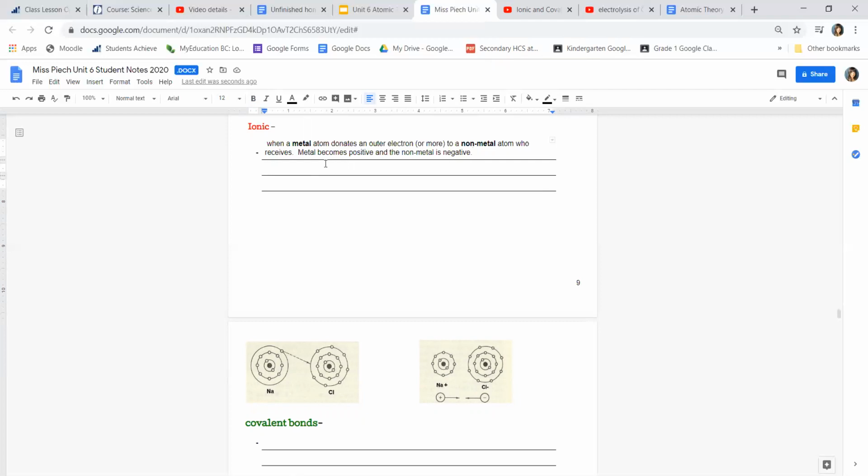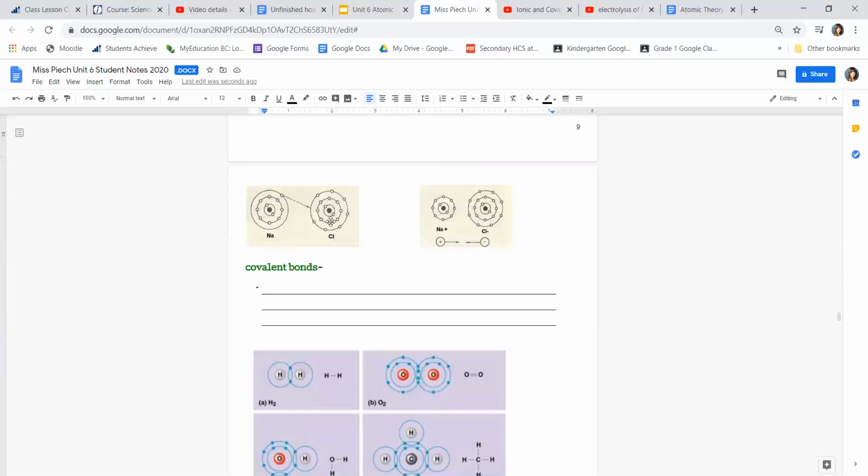So that's really what you're looking at, a metal and a non-metal bonded together. And when they are done, the metal is now positive, it has a positive charge, and the non-metal ends up with a negative charge.